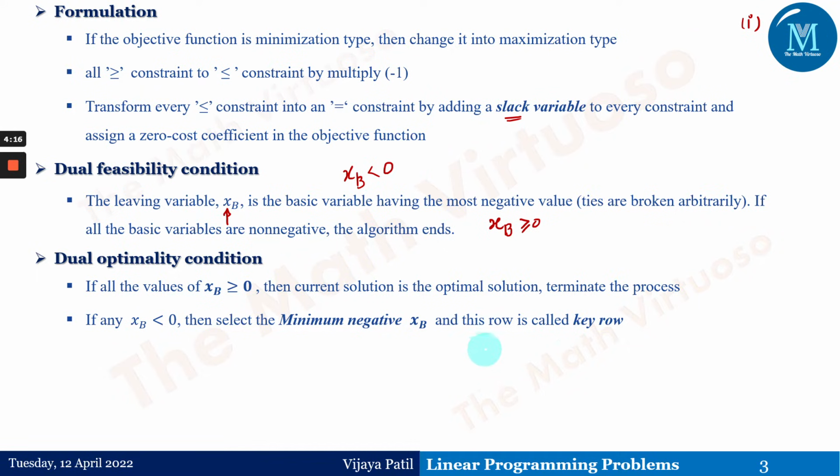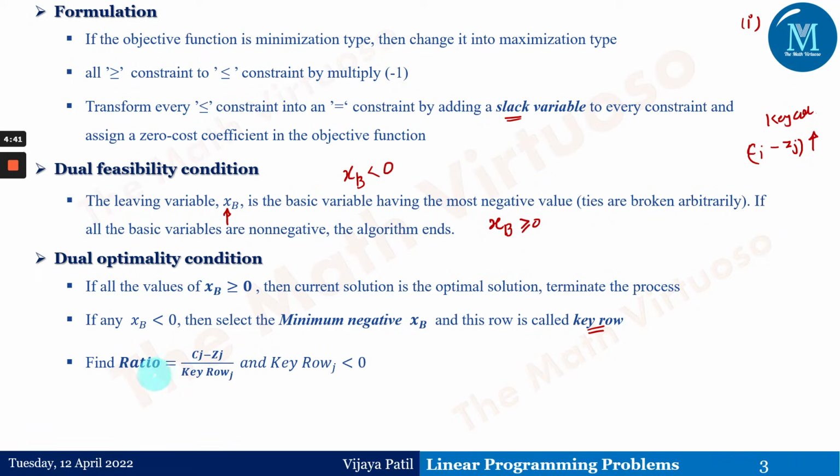If you observe in the simplex, we always decide with the Cj minus Zj, the most positive, as the incoming variable, that is the variable which is coming into the basis. That means in the simplex method or the big M method, we decide the key column first, whereas in this dual simplex, we decide the key row first.